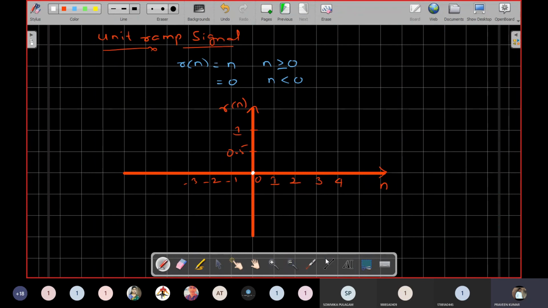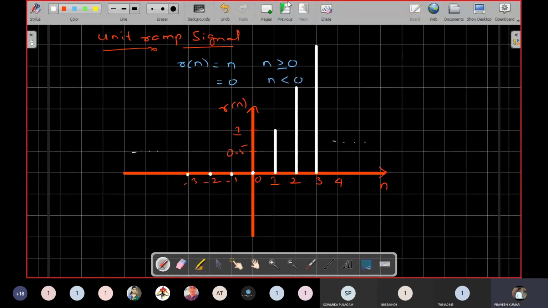At n equal to 1, amplitude is 1. At n equal to 2, amplitude is 2. At n equal to 3, amplitude is 3, and so on. For all the negative times, the amplitude is simply 0. This is the graphical representation of the ramp.